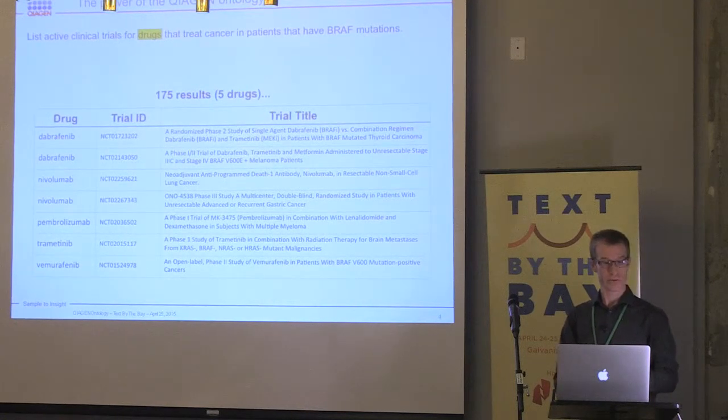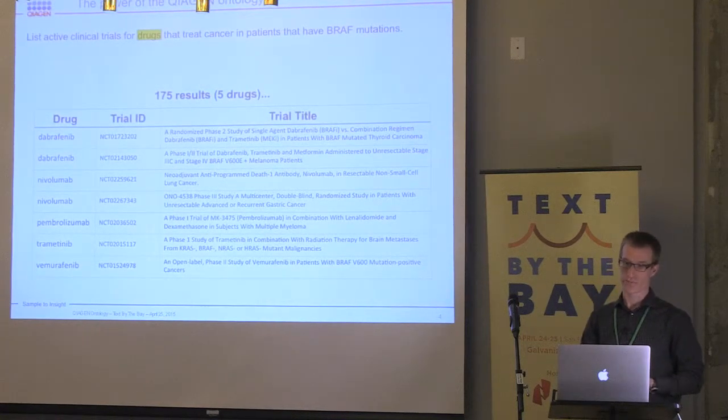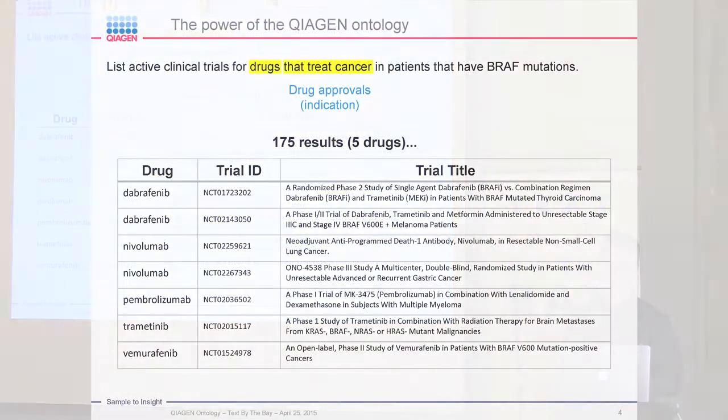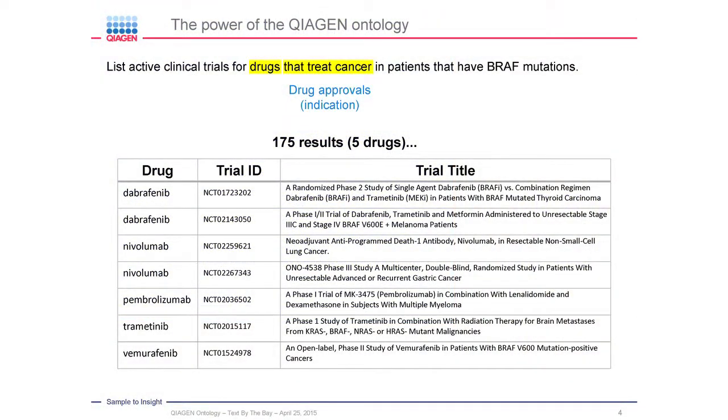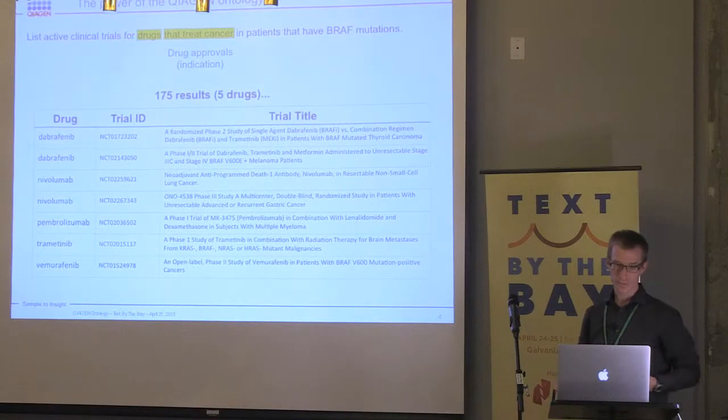Nonetheless, we want to know about the concept of drugs. We want to know about which of those drugs treat cancer. So in order to know that, we have to have a full list of drug approvals from some agency or agencies. And specifically within those drug approvals, we need to know what the drugs are approved for.